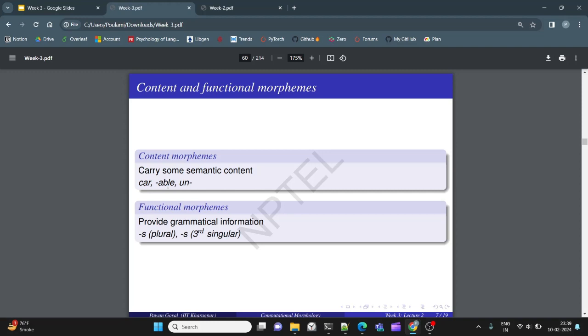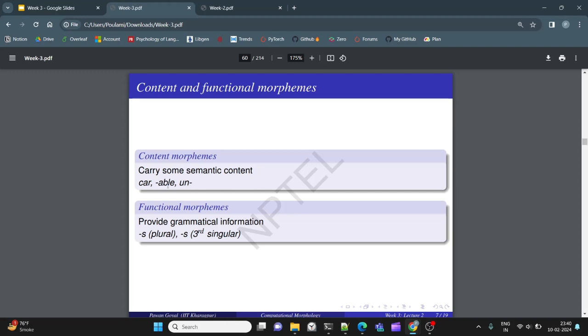That is un. Whereas functional morphemes are the ones which carry grammatical information. For example, one common example that I have been giving is that of cats. You also saw dogs, all these things. And so the S, the plural marker, is a functional morpheme since it carries grammatical information.